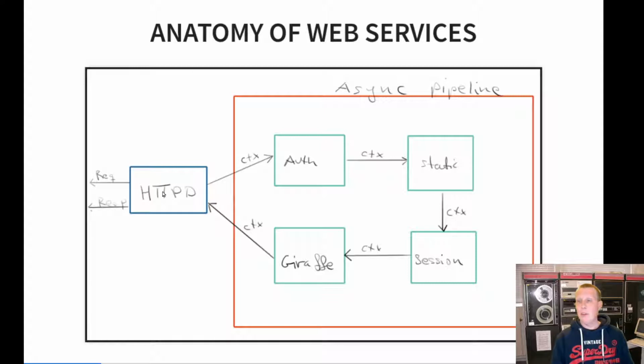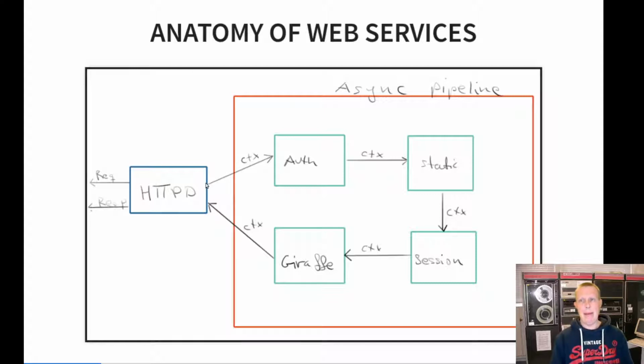Now, of course, the whole pipeline here needs to be asynchronous, because we don't want the HTTP server to block while we're processing. That would be really bad, because maybe it takes 5 seconds or 10 seconds for this thing to do all the authentication and databases and what have you, and then everybody else would have to queue up.